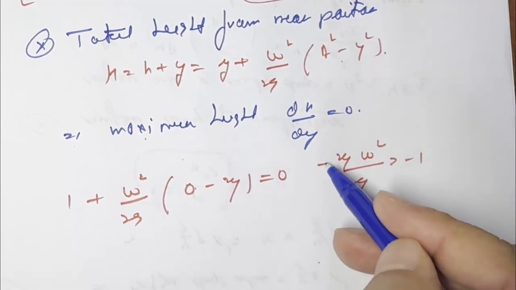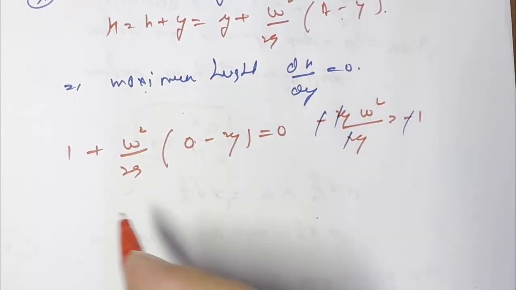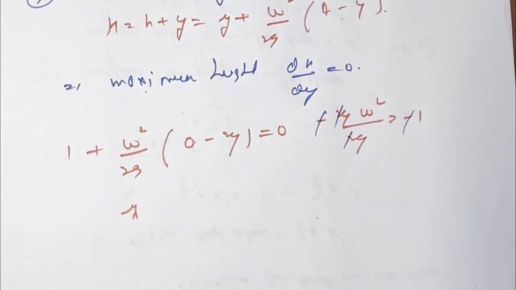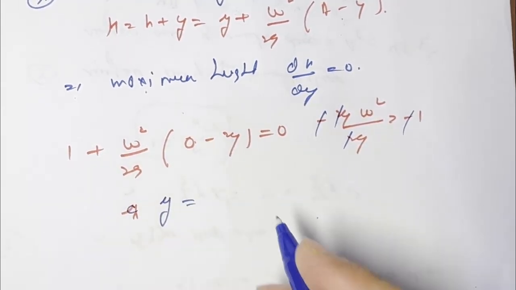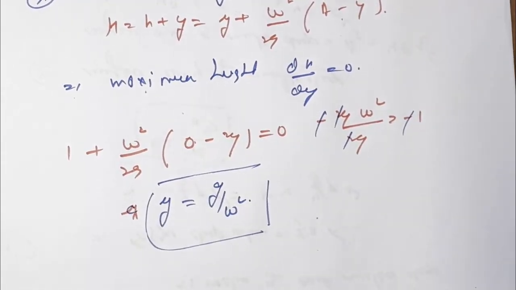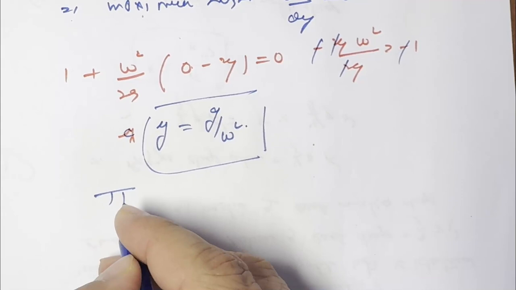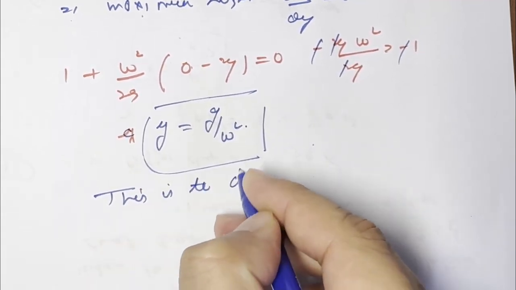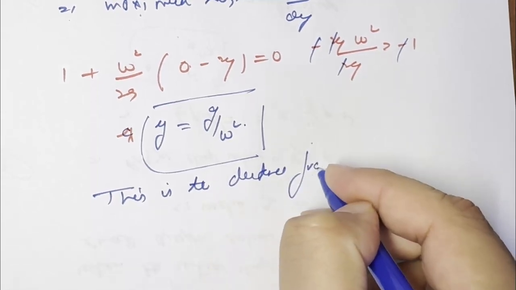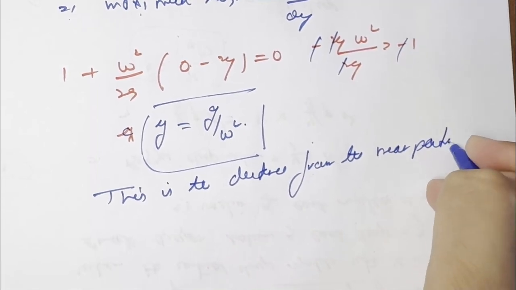The 2 and 2 cancel, we get y is equal to g upon omega square. So this is the distance from the mean position.